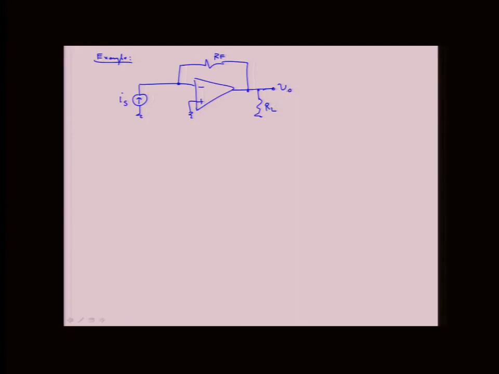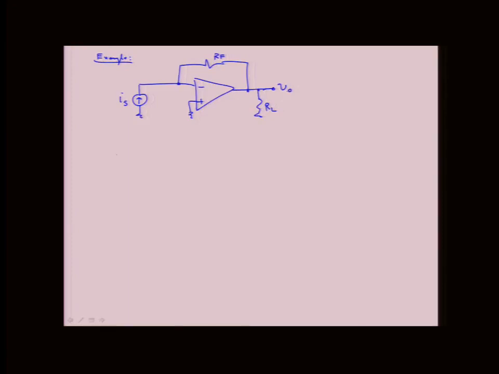If this was an ideal op-amp, RL wouldn't matter, because RF itself would define what the output voltage is, but in this case, it's not an ideal amplifier.